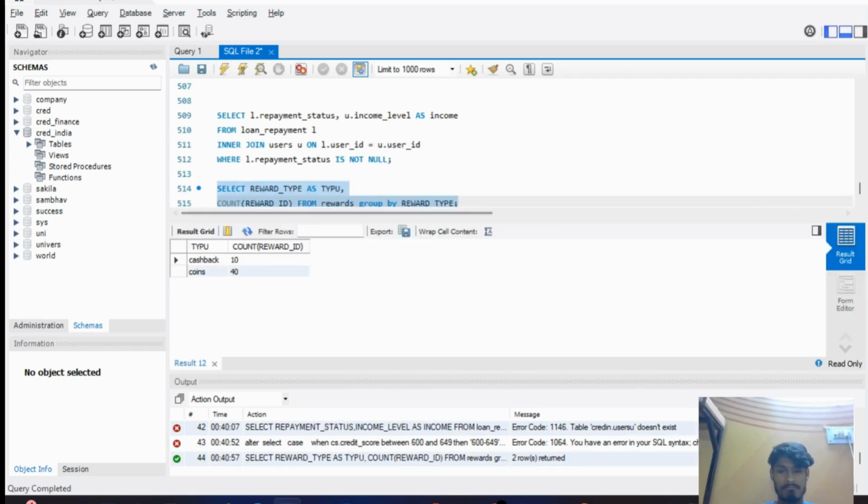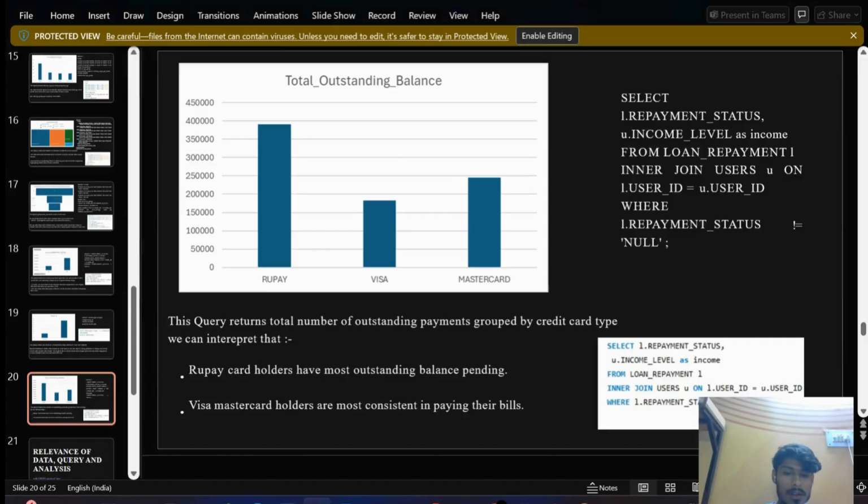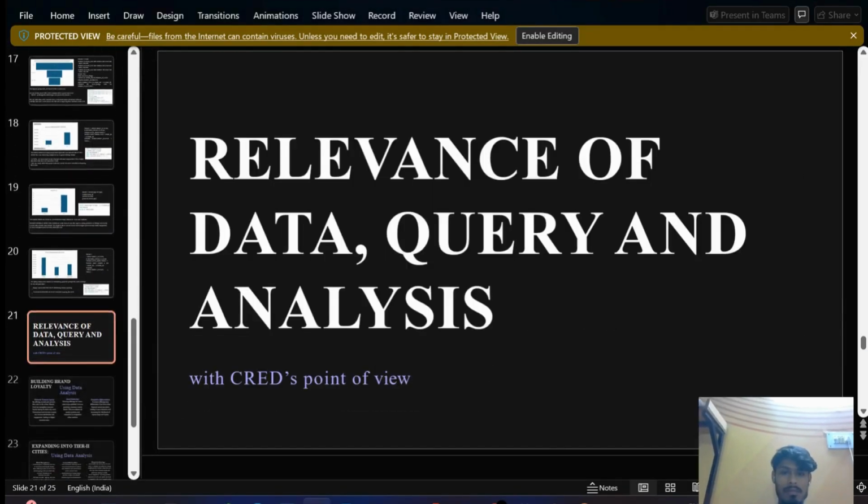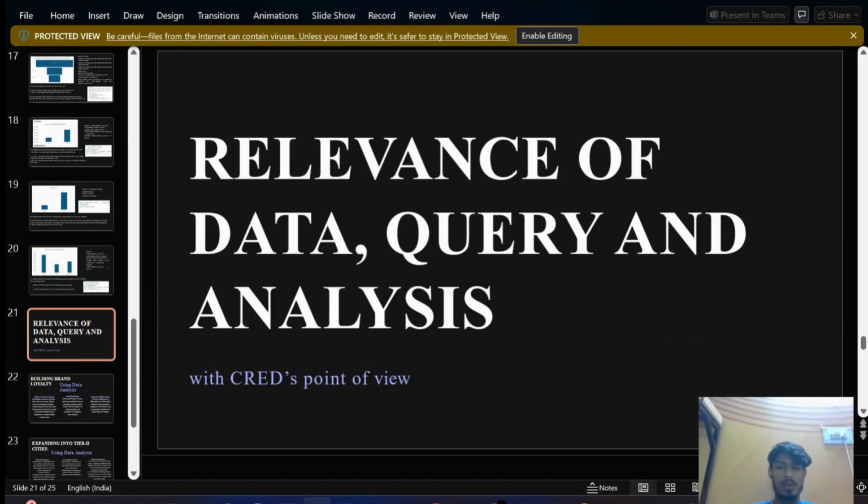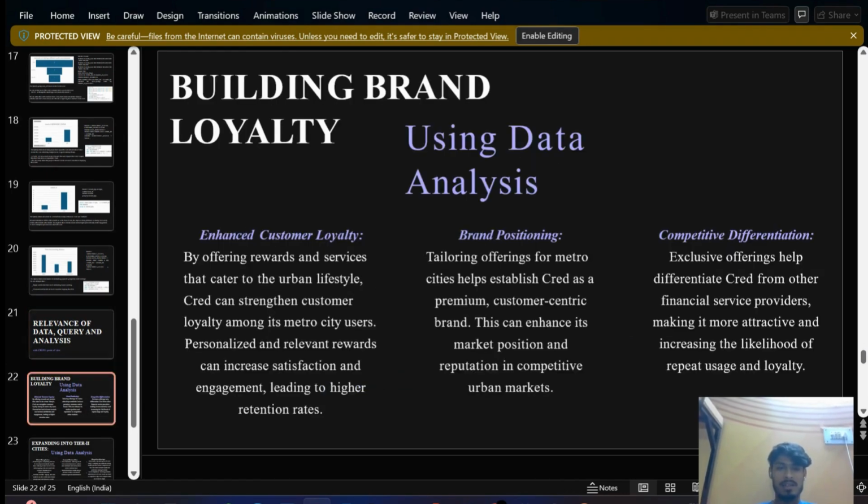So this is the final one. After this data query and analysis, using data analysis, the main function is building brand loyalty. First is enhance customer loyalty, second is brand positioning, and third is competitive differentiation.